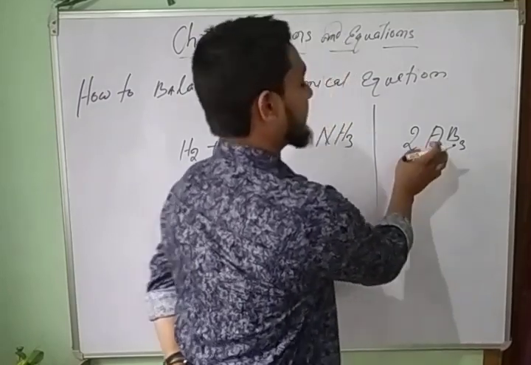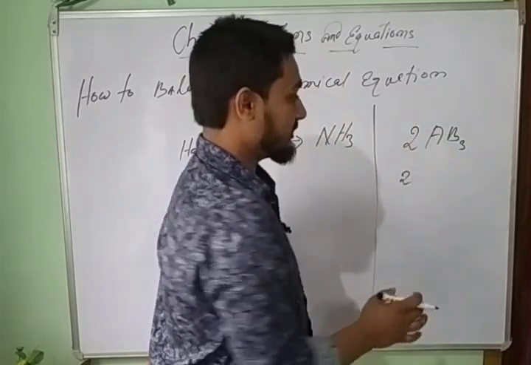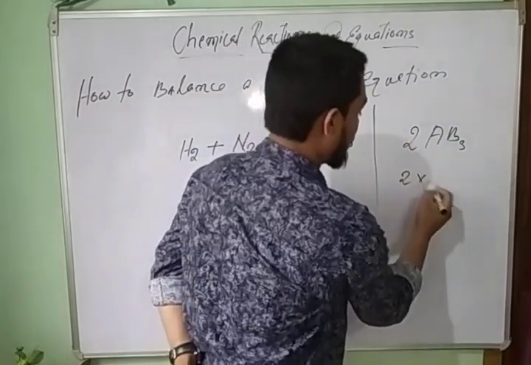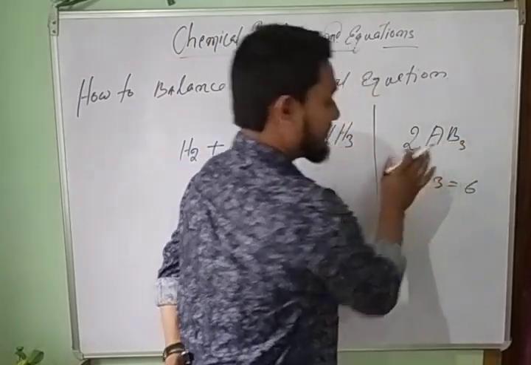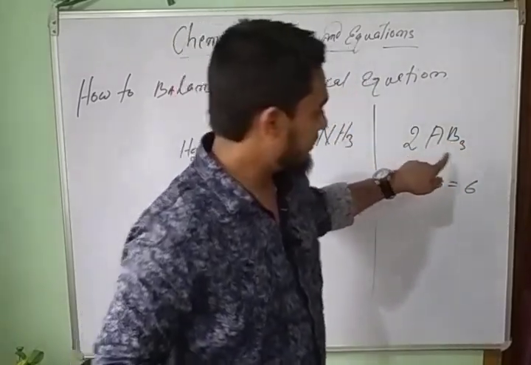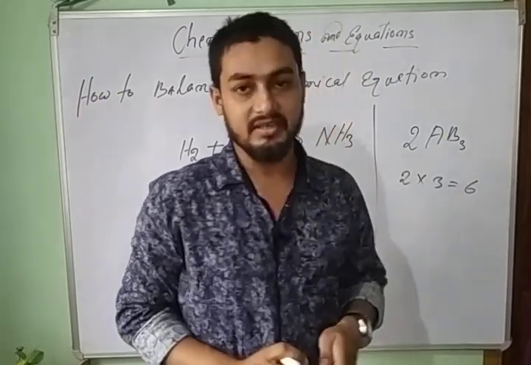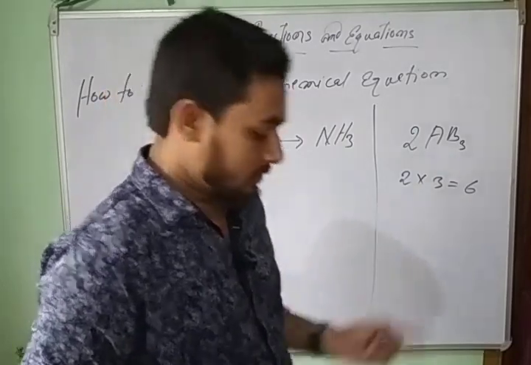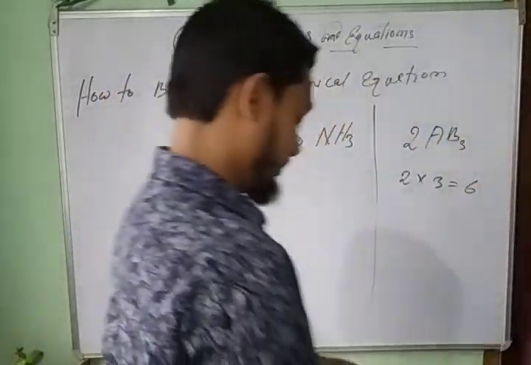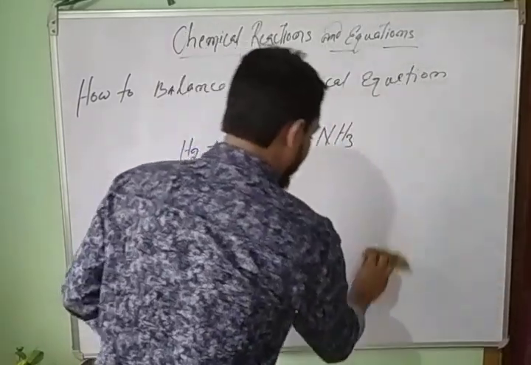But the number of B is 2 threes are 6, because B has coefficient 2 and in its suffix position it has 3, so the number of B is 6 in this case. So this basic calculation is going to be used to balance all kinds of chemical equations.